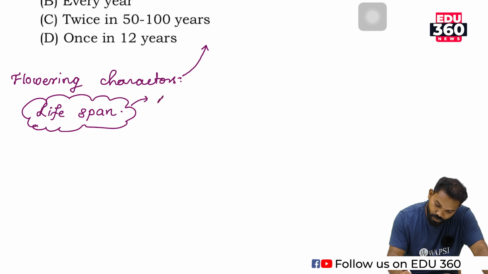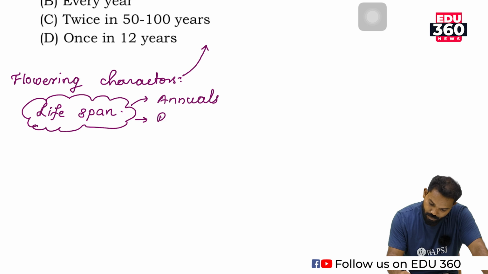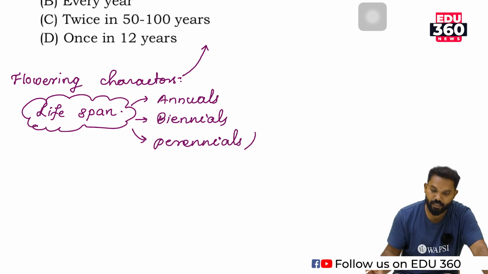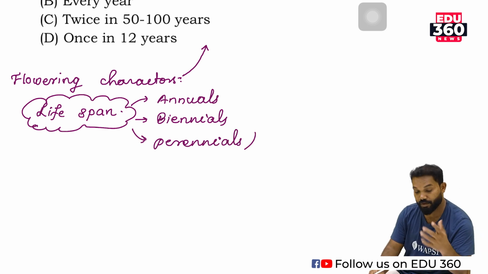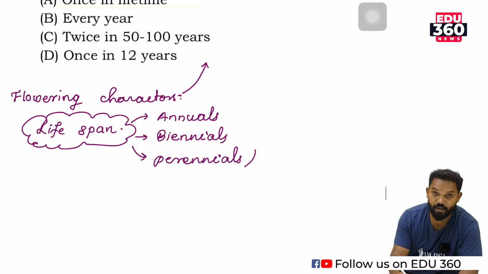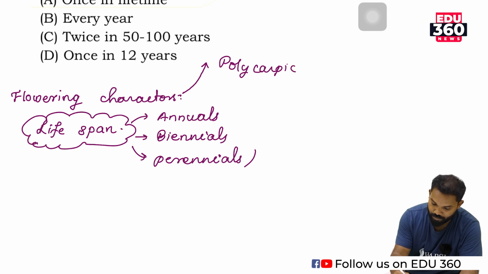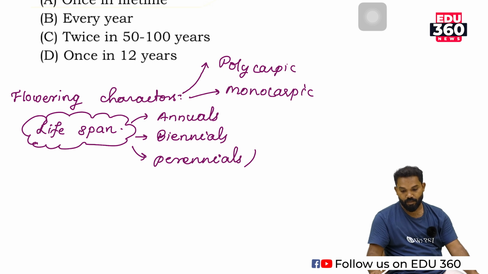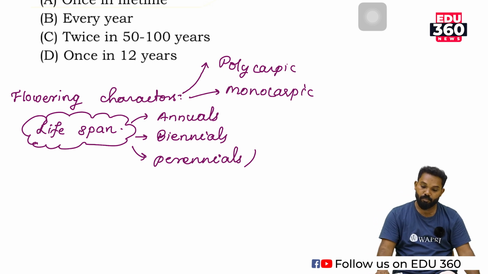Based on the lifespan, they are categorized into annuals, biennials, and perennials. Based on the flowering character, they are classified into polycarpic and monocarpic.